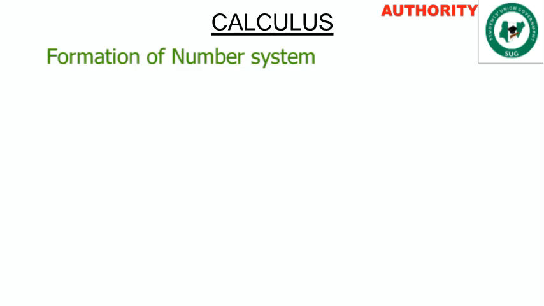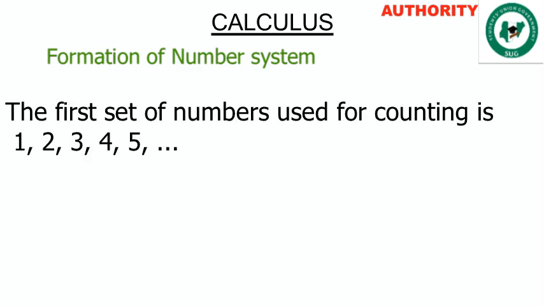Okay, now let's go. In counting, the first set of numbers that was used for counting is 1, 2, 3, 4, 5, 6, 7, 8, 9. You get it? Good.